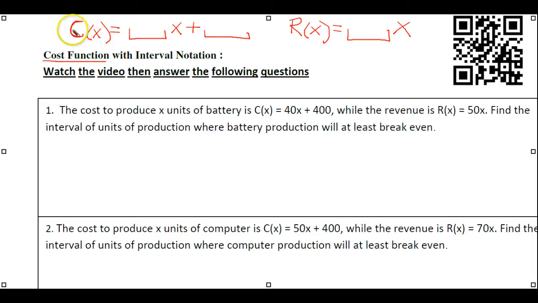That's the symbol for cost, C. And this is the symbol for R, which is revenue function. So cost is what you have to spend to make something.